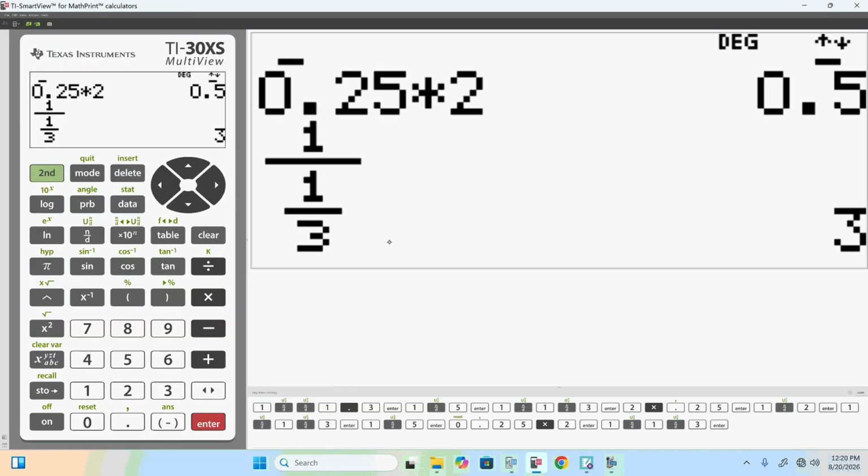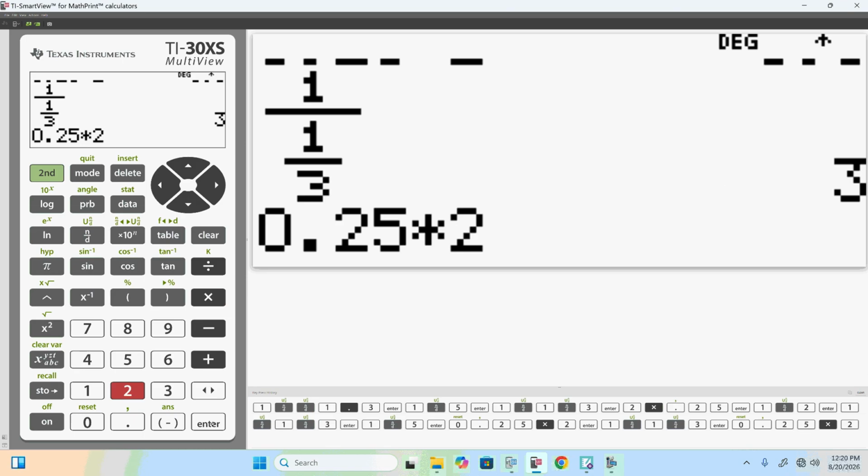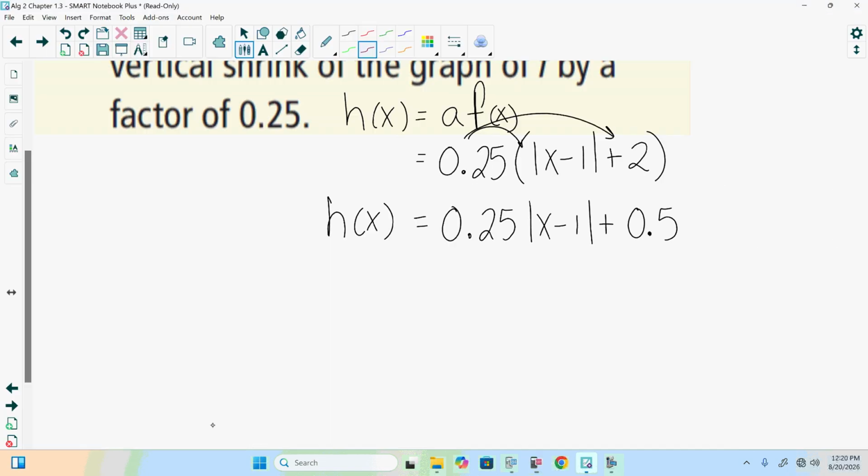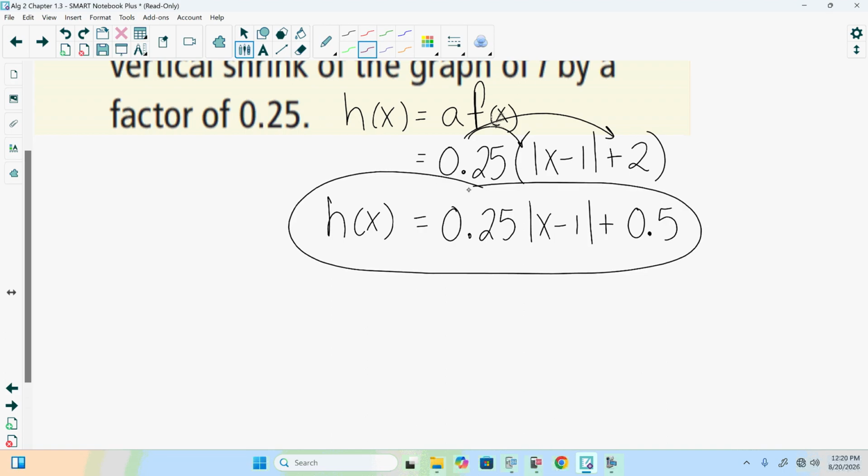If we're not sure, 0.25 times 2, 0.5. That's it.